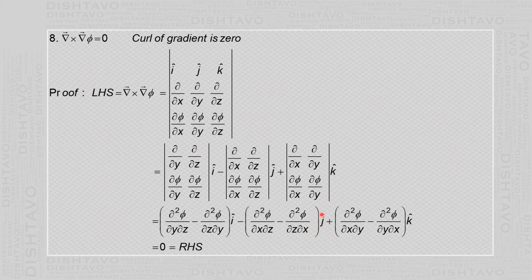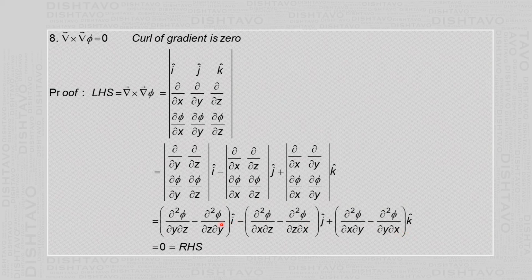To find the 2 by 2 determinant of the third term, multiply these diagonals, that is ∂/∂x of ∂φ/∂y, which is ∂²φ/∂x∂y, minus this diagonal, ∂/∂y of ∂φ/∂x, that is ∂²φ/∂y∂x, k cap.